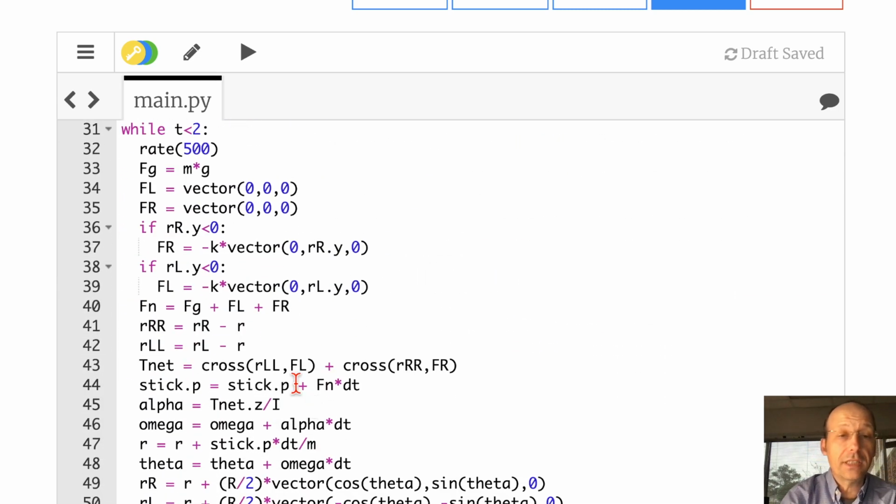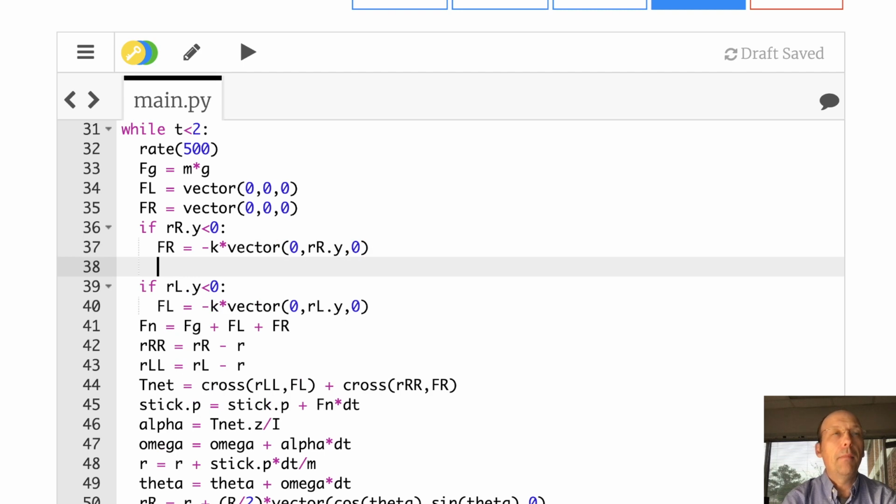So that means I need to decide which spring constant to use here. So if I have this stick rotating, the rotation tells me whether it's pushing away or towards the floor, right? So for this right side, I'm going to say if omega is less than 0, then that's my spring force, right? But if omega is less than 0, then it's rotating away.